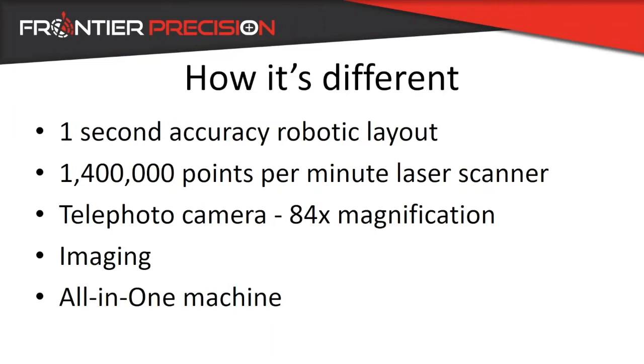With this SX10 and the telephoto zoom, you have the capability of doing an 84 times magnification, so almost 3 times better. You're going to be able to get the point that you actually are looking to measure.